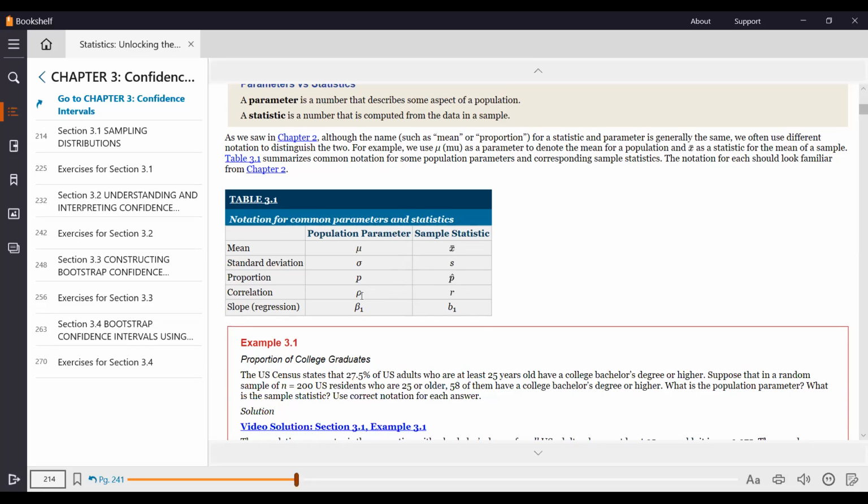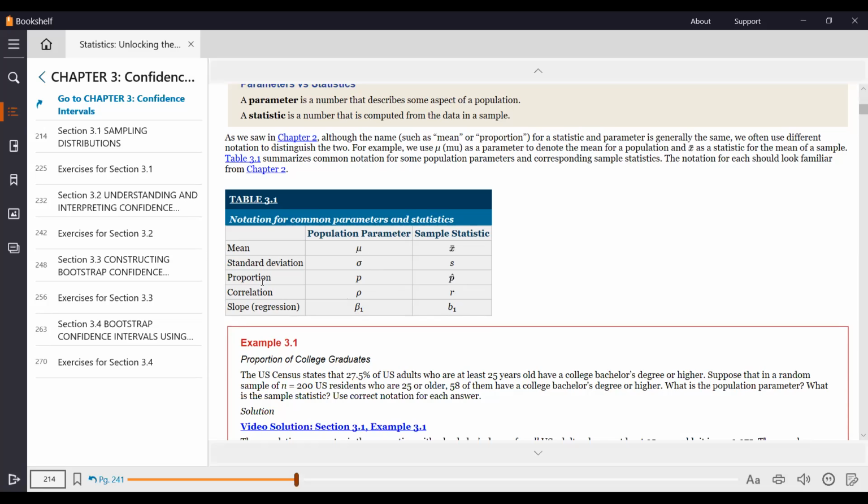And don't worry about correlation and slope here. We're not going to use these symbols at this point. We're only going to use these symbols that we're looking at. Now, when we do estimation, we're going to estimate two different types of parameters. We're going to estimate the mean, and we're going to estimate the proportion of the population. So the mean of a population, the proportion of a population. The mean would be something that we're measuring, like height or weight.